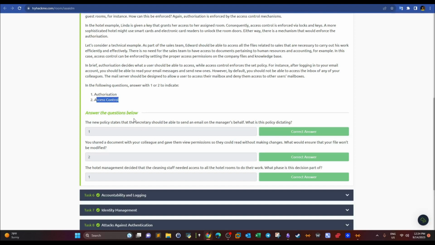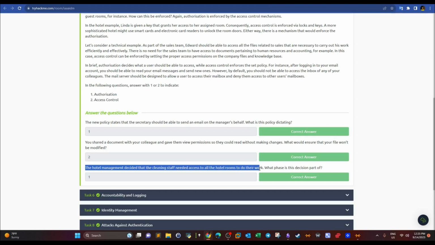Why? Because it is more than only authorization. You have already authorized your colleague to get access to the document, but you applied additional permissions, which is only letting the colleague read the file. This is access control.